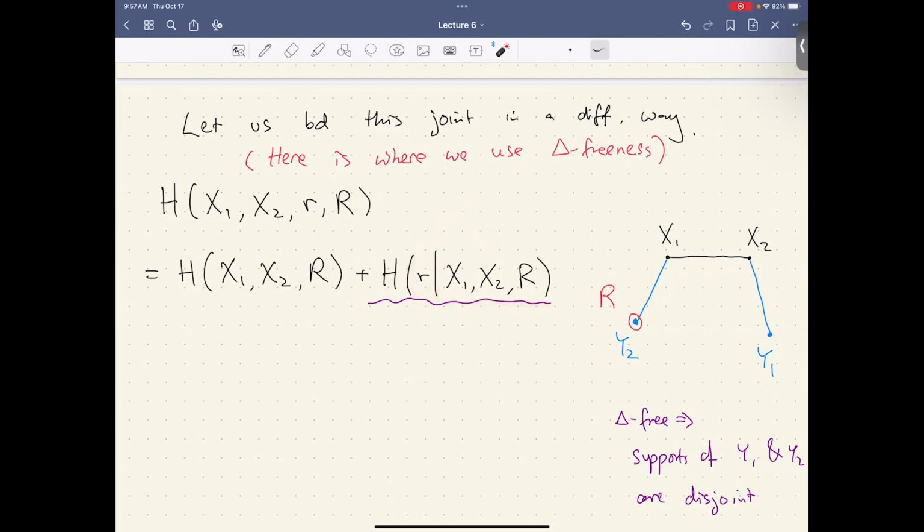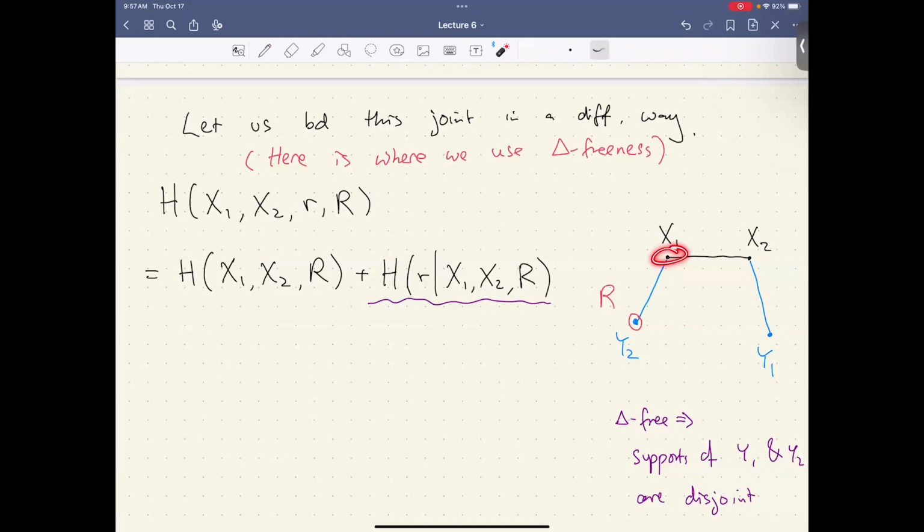If we expose what X1 is, what X2 is, and what R is, we will know R is the neighbor of either one of these two. We will know which neighbor R is, either X1 or X2.